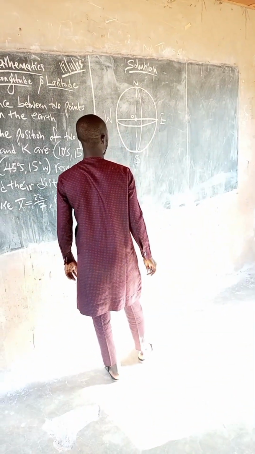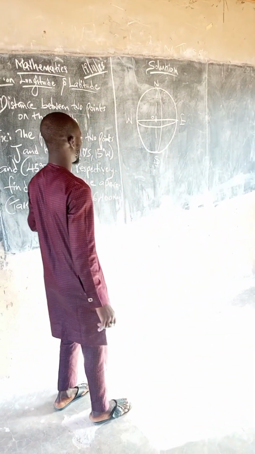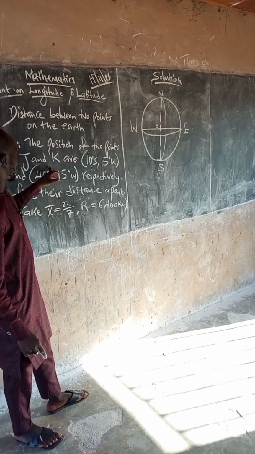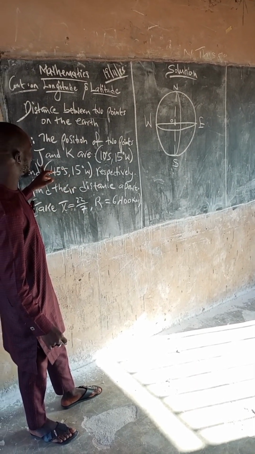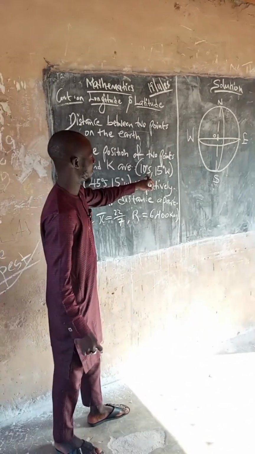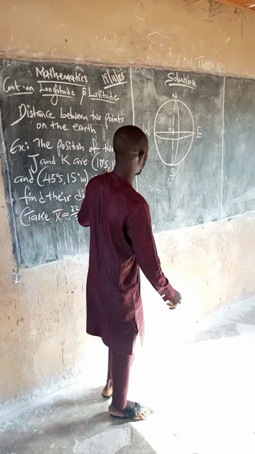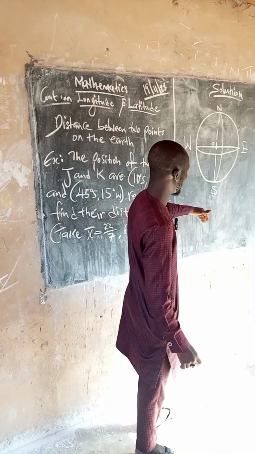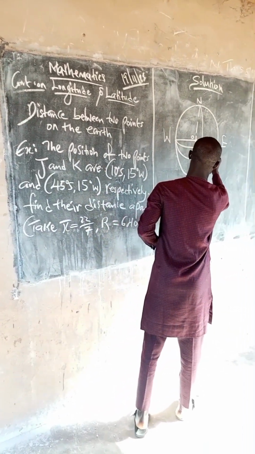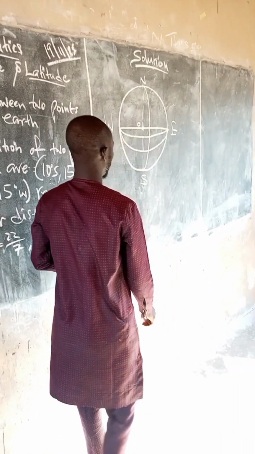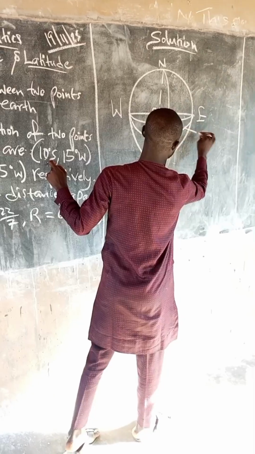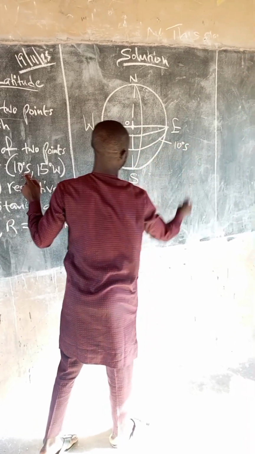And we need to bring down the Greenwich meridian, which is this. Now, after we are done with this, the next thing is to understand the question. They set the first point, which is J, as latitude 10 degrees south. Now we need to ask ourselves, where do we have the 10 degrees south? It should lie within this range. So let's take this place to be this. So this is our latitude 10 degrees, which means we call this place 10 degrees south.